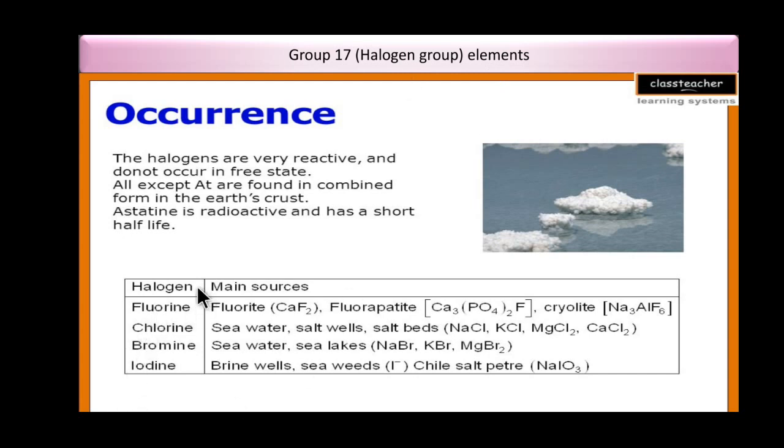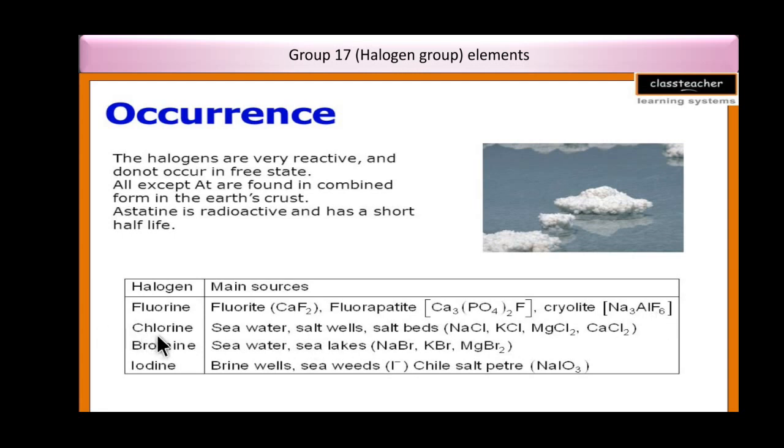The halogen family elements are fluorine, chlorine, bromine, and iodine. The main sources of fluorine are fluorite, fluorapatite, and cryolite. Consider the molecular formulas CaF2, Ca3(PO4)2·CaF2, and cryolite Na3AlF6.